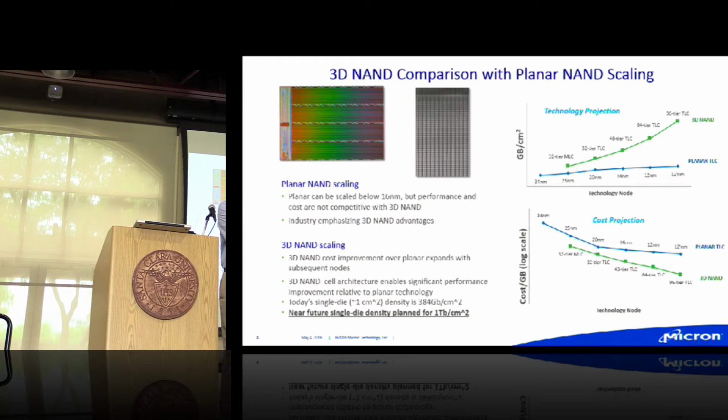How small is small, right? How many electrons can you store in a cell without it becoming a random bit bucket? Then A, you don't have a storage device. B, you might as well go home because you just spent $10 billion making a fab that makes crap, right? So we're not going much lower, that's for sure.